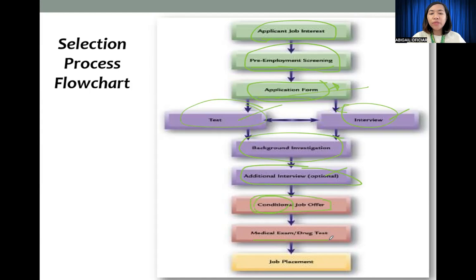Because there is still a last part, which is the medical exam or drug testing. The applicant should undergo a drug test or medical exam before job placement. There is a possibility that the applicant fails the medical exam or the drug test, or we may find out that they have a contagious illness, or that they use drugs. In that case, there is a tendency that they will not be hired. That is why before the medical exam and drug test, what we give is only a conditional job offer. It is not yet really a job offer.